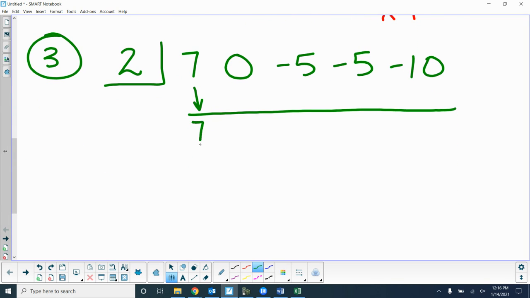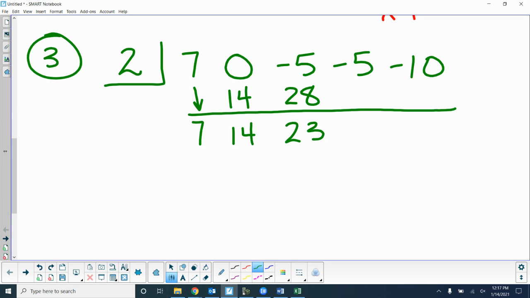All right, so I got my 7. Cameron, what goes here? 14. Thank you. Joe, what goes here? 14. Hunter, what goes here? 28. Cole, what goes here? Audrey, what goes here? I'm writing it down because I messed up. Okay, we'll look at it. No, you're supposed to do this with this and this.